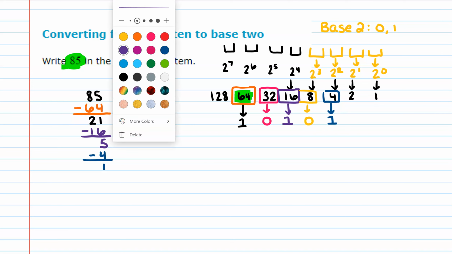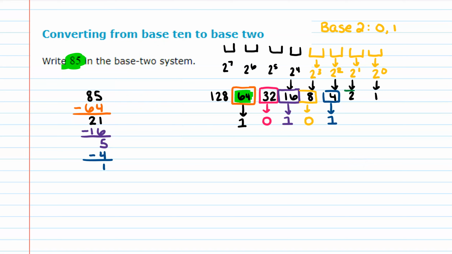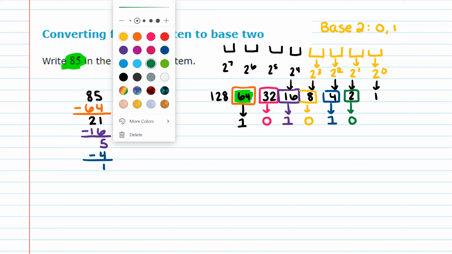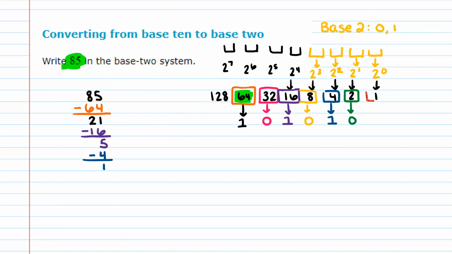How many times can I subtract 2 from whatever's left over? Well, I can't. So 0 times. And then lastly, how many times can I subtract 1? Well, I could subtract it one time.